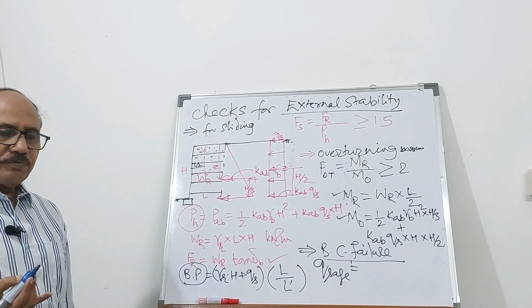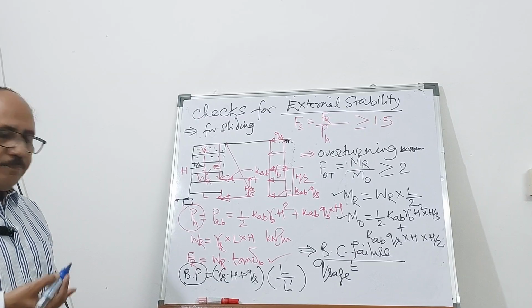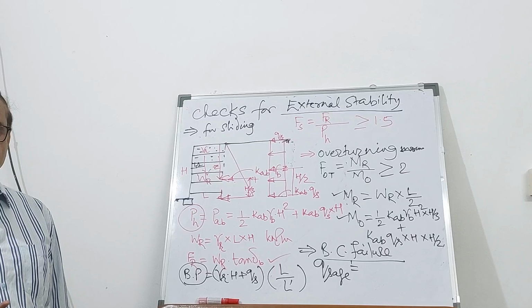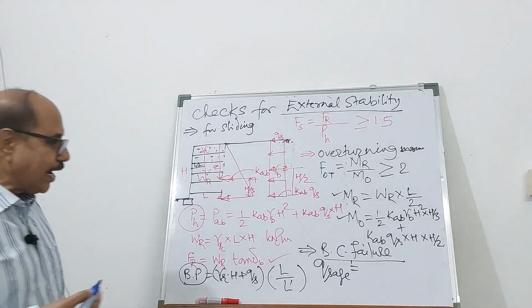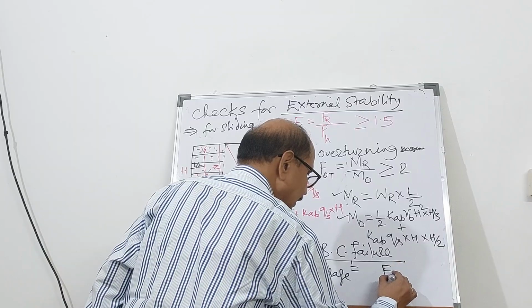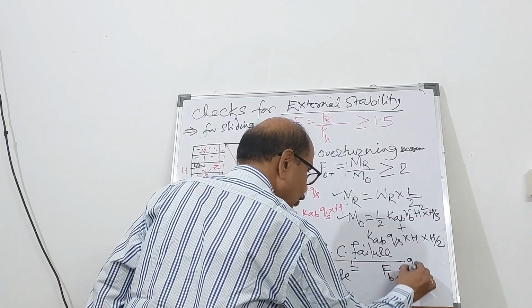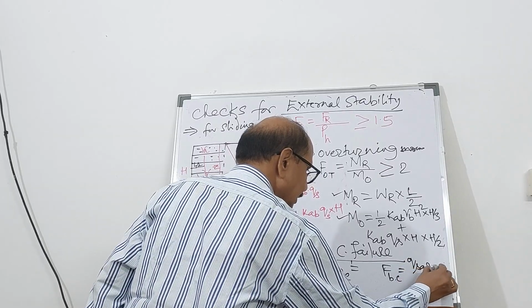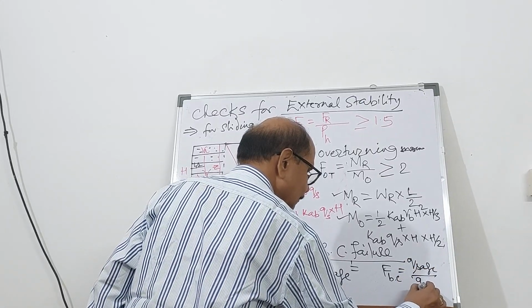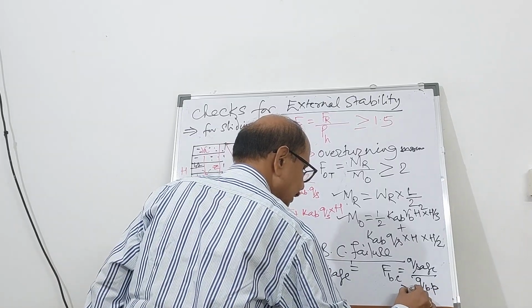So safe bearing capacity is known to you, and therefore the factor of safety against bearing capacity failure will be Q safe divided by bearing pressure. This should be greater than or equal to 3.